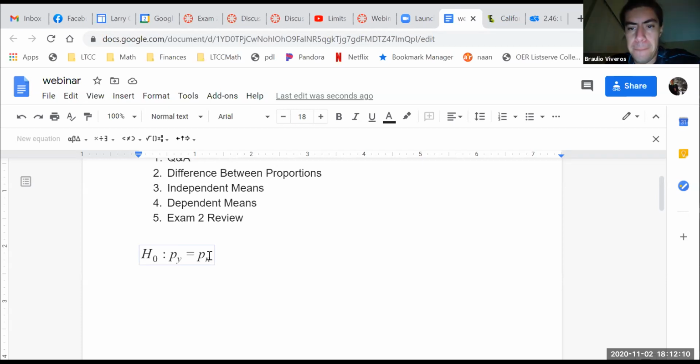What we always had before, or last week, is P equals a number. But now that we're comparing proportions, you can actually talk about different P's being equal to each other instead of a P being a number. And then we're going to have an H1.